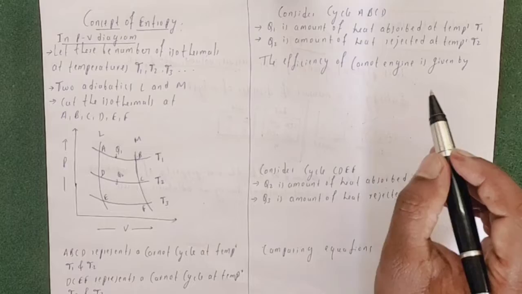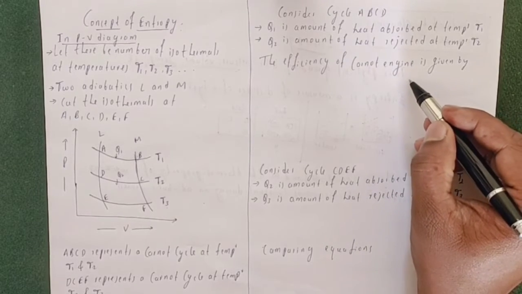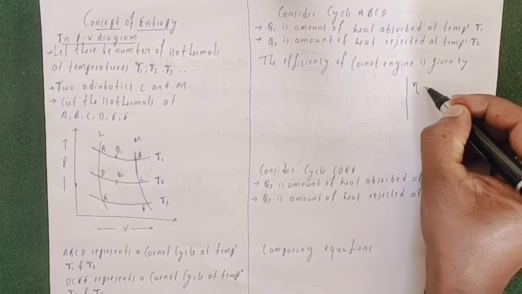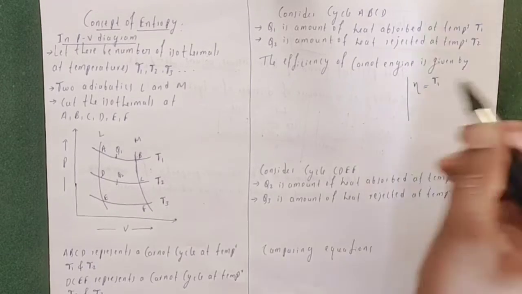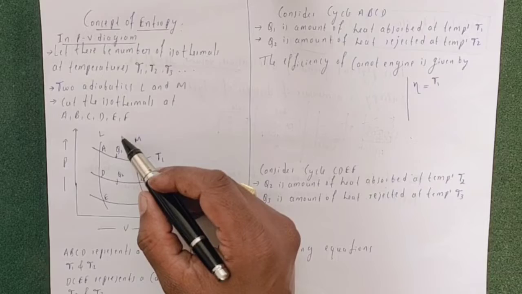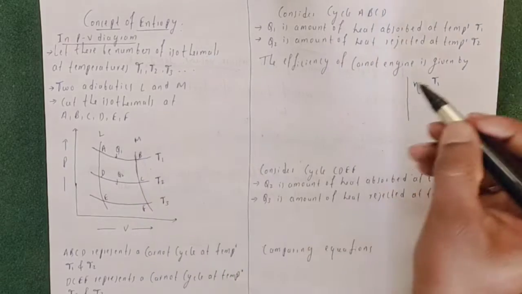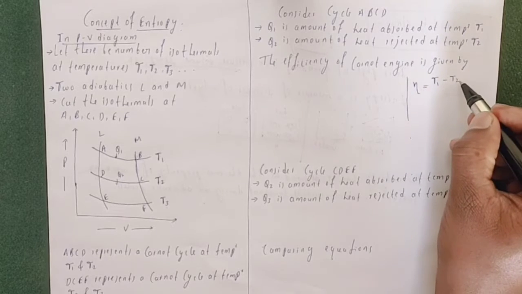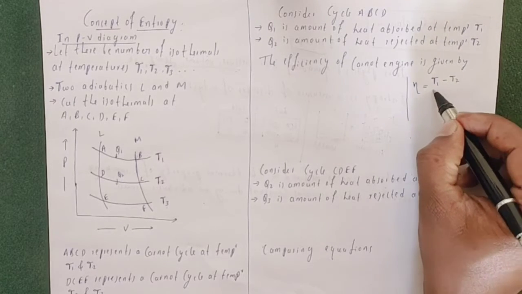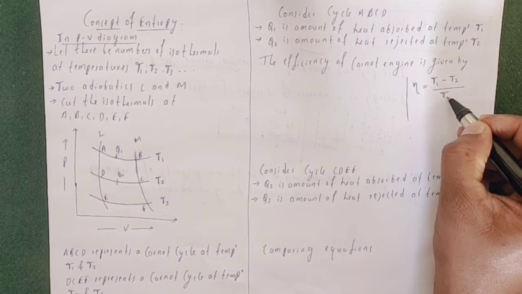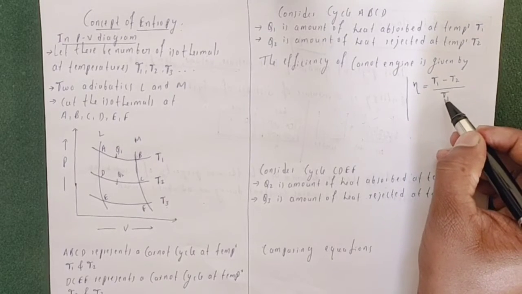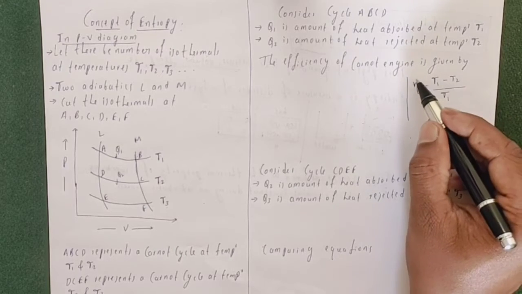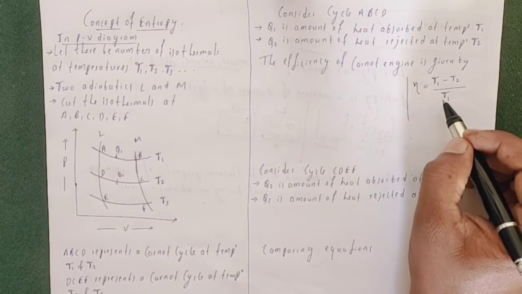And we know that from Carnot's engine, efficiency is given by T1, the higher temperature, minus T2, the lower temperature, divided by T1, the higher temperature. This is the efficiency of the Carnot engine.